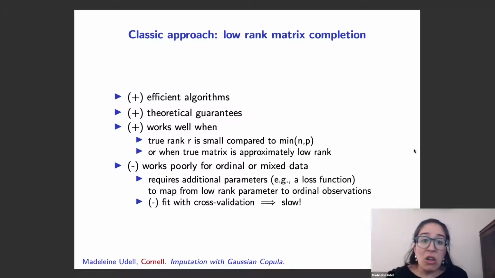In order to validate each choice, maybe you're doing 5-fold cross-validation, so that's 5 model fits for each possible value of these many parameters: each of the loss functions and maybe also the rank of the matrix. So even if you say this low rank matrix completion is so fast to fit, that's not the end of the story, because you've got extra parameters that you need to choose. And that can be very slow. It can slow you down by a factor of 100 easily.